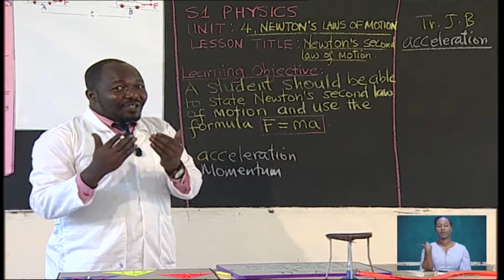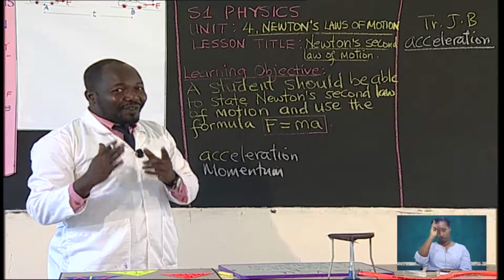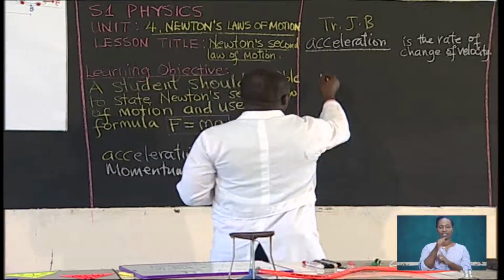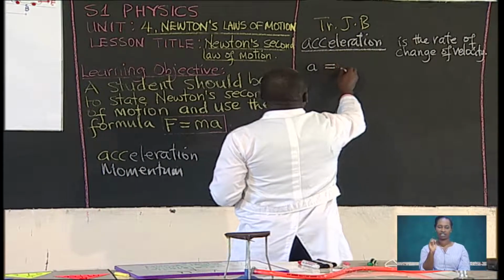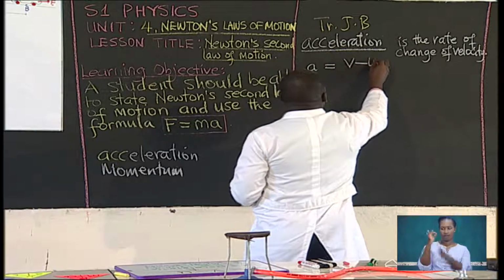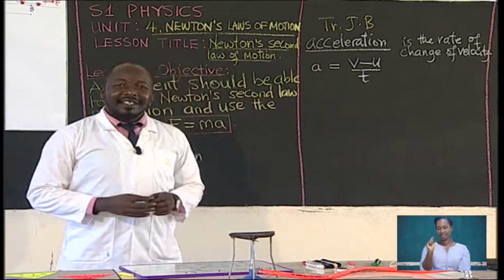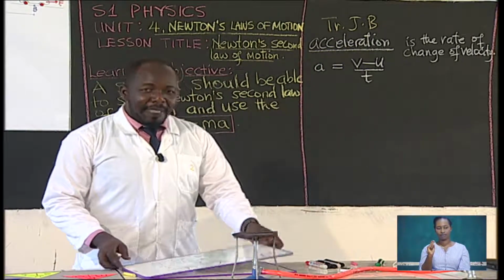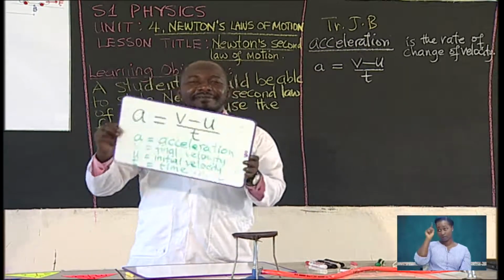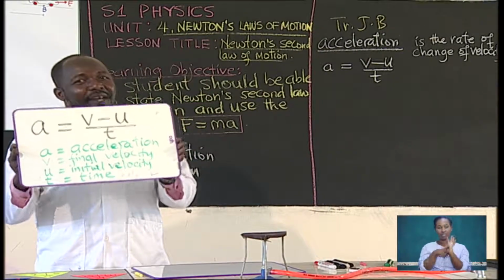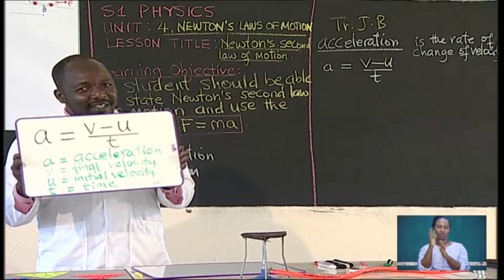So today we just want to remind ourselves of the formula of how we can find acceleration of a body. So acceleration a is equal to v minus u over t. Do you remember that formula? Try to remember that. a equals v minus u over t.